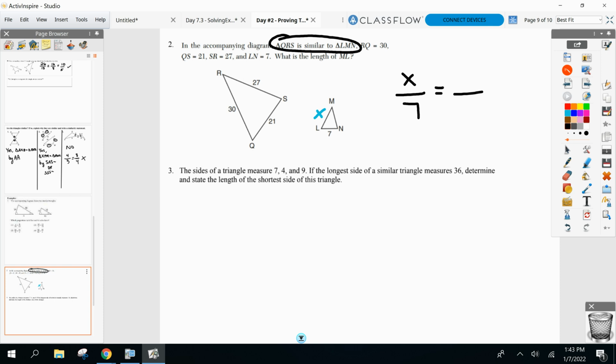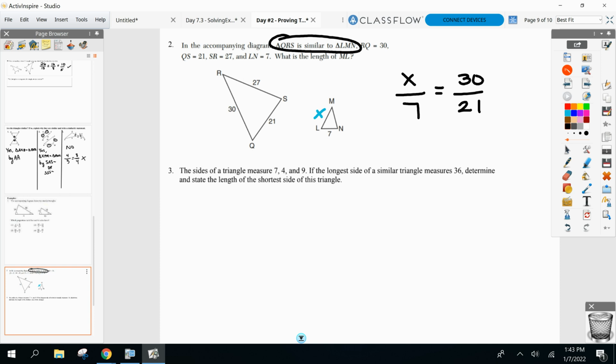What letters are in the same spot in this statement? R and Q. So what is X corresponding with? RQ, which is 30. What's LN, 7, going to correspond with then? 21. LN should be QS, which is, yes, Jonathan, 21.